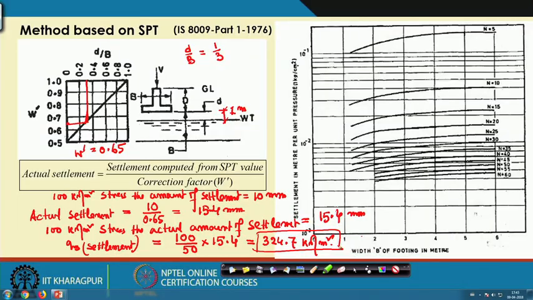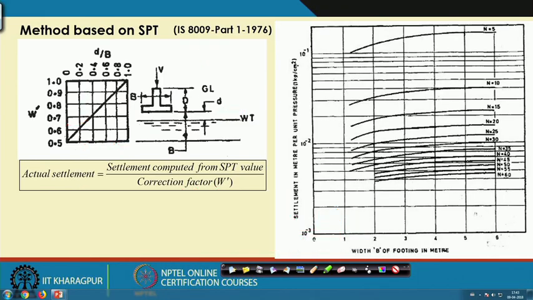Okay. So, this is the safe bearing capacity stress that I am getting from the settlement consideration. So, that means we have two stresses now, one from the settlement consideration, one from the bearing consideration.